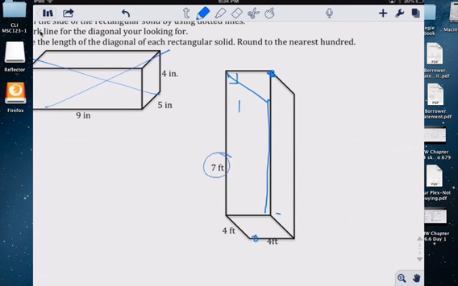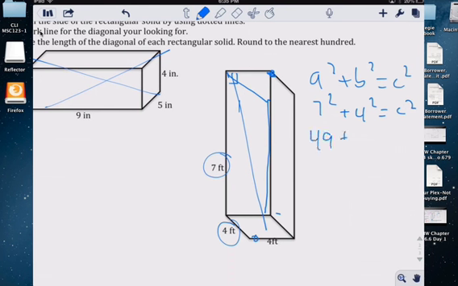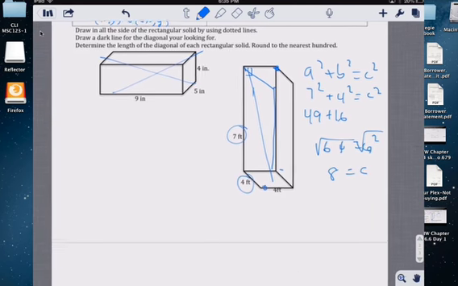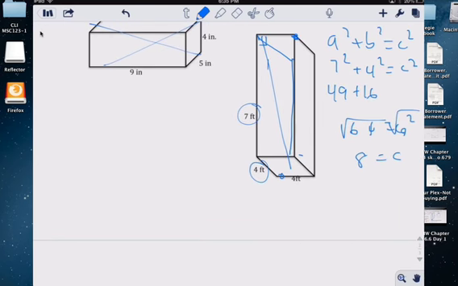It's 4 by 7. So a squared, and we need to find that diagonal over there, plus b squared equals c squared. 7 squared plus 4 squared equals c squared. Okay, then you're going to use 8 to find this length right here.